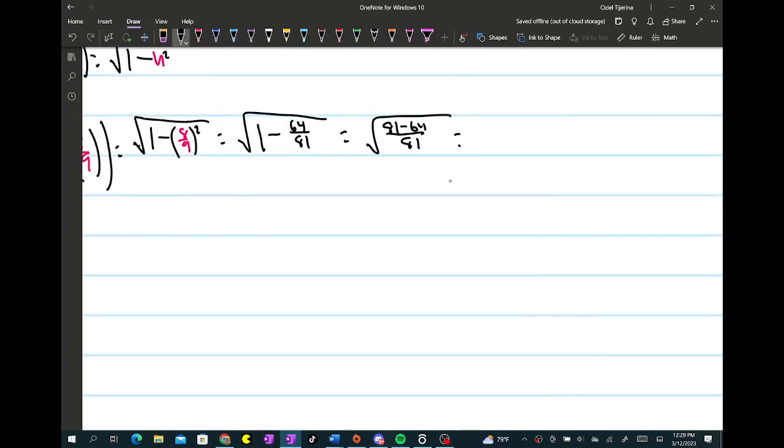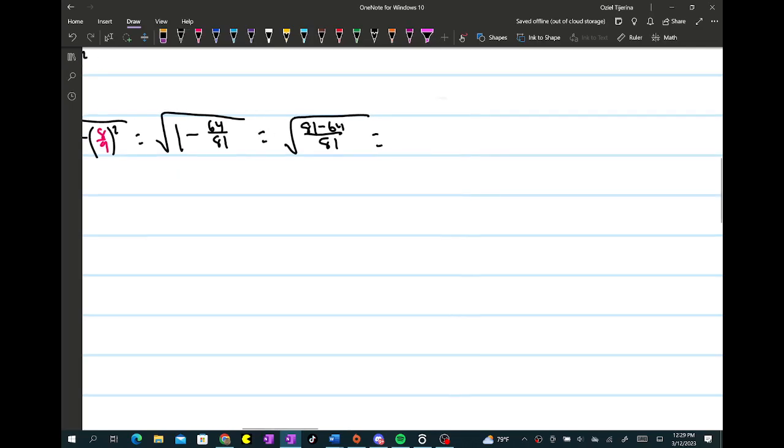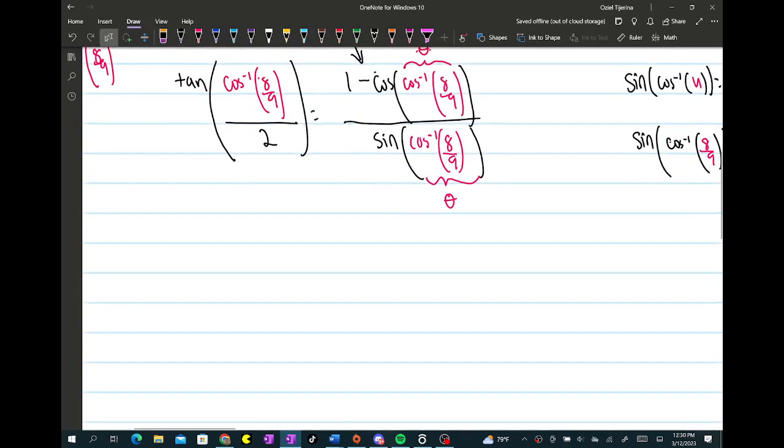If you don't understand how to subtract a fraction from a whole number, I do recommend that you learn how to do that, because it's very important. This is actually the square root of 17 over 81. So this is the square root of 17 over the square root of 81, which is the square root of 17 over 9. So this is what sine of cosine inverse of 8 over 9 is.